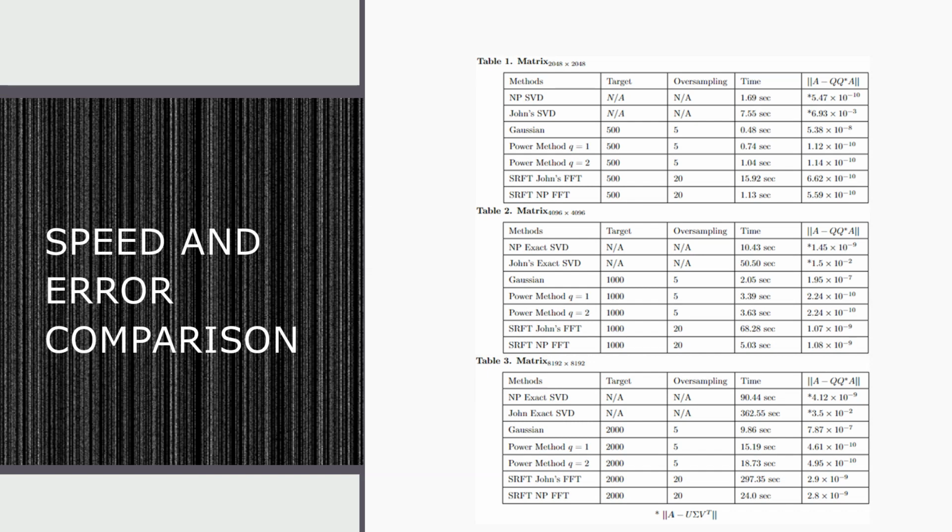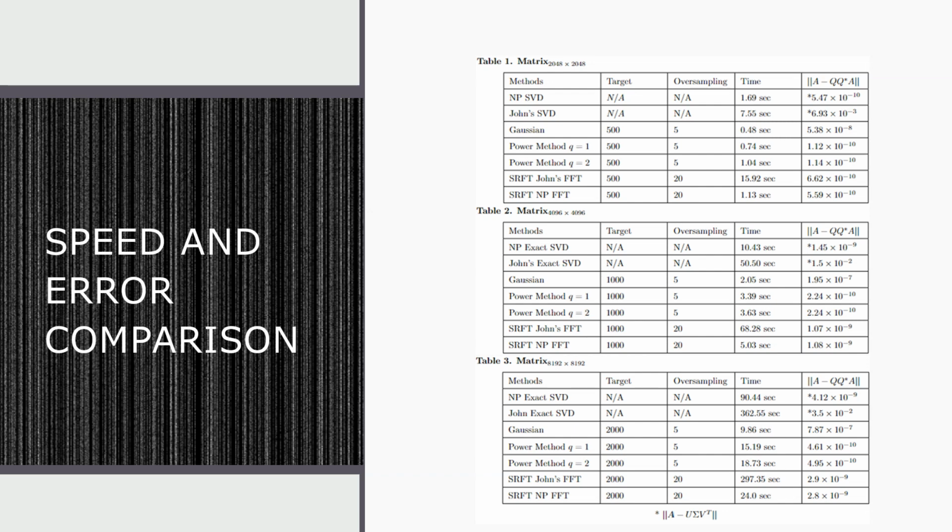Okay, to test these, I created random grayscale images with fixed rank that I then targeted. You can see one of the images behind the text, speed and error comparison.